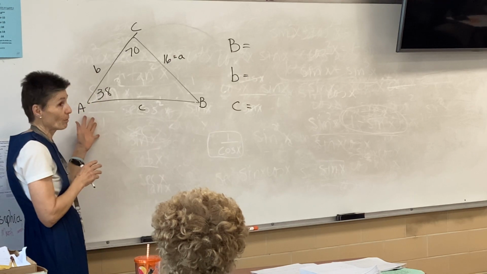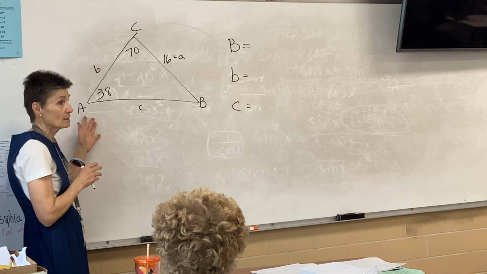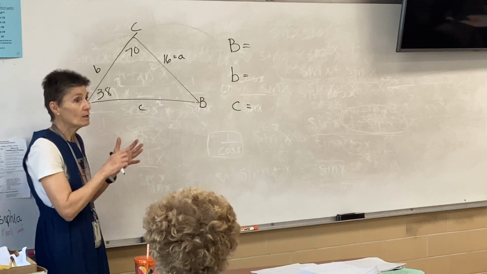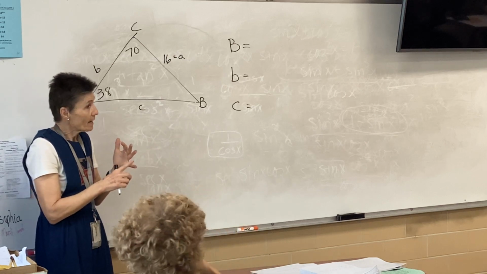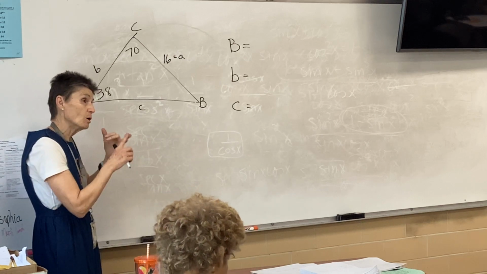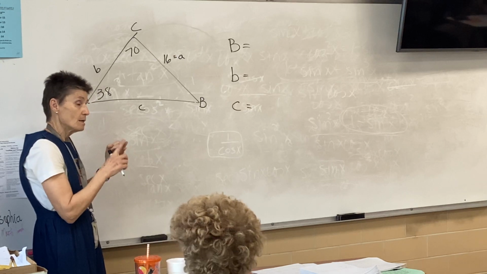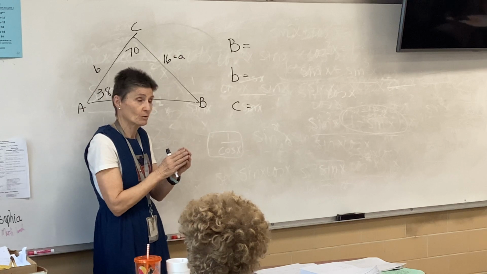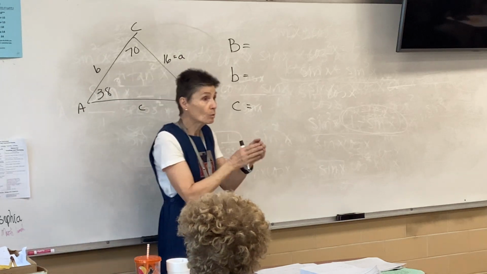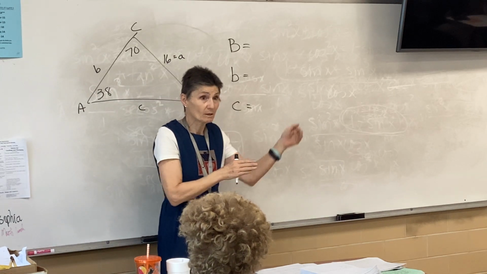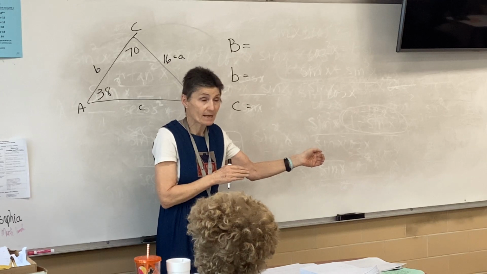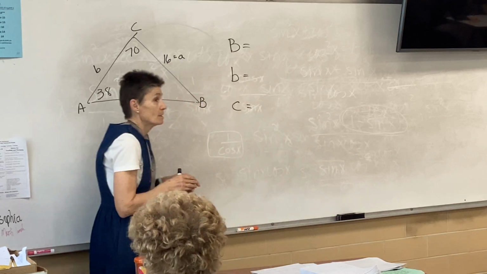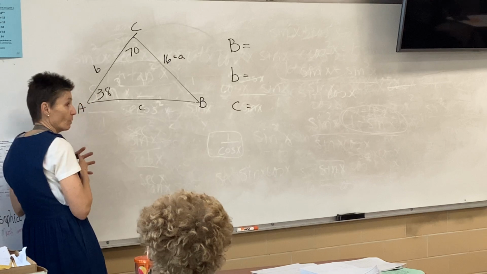This is not a right triangle. So SOHCAHTOA won't work, and the Pythagorean theorem won't work. Those are wonderful tools, wonderful, wonderful, wonderful. Use them all the time, but they only work if the triangle has a right angle, 90-degree angle. So I'm not going to use SOHCAHTOA in this problem.